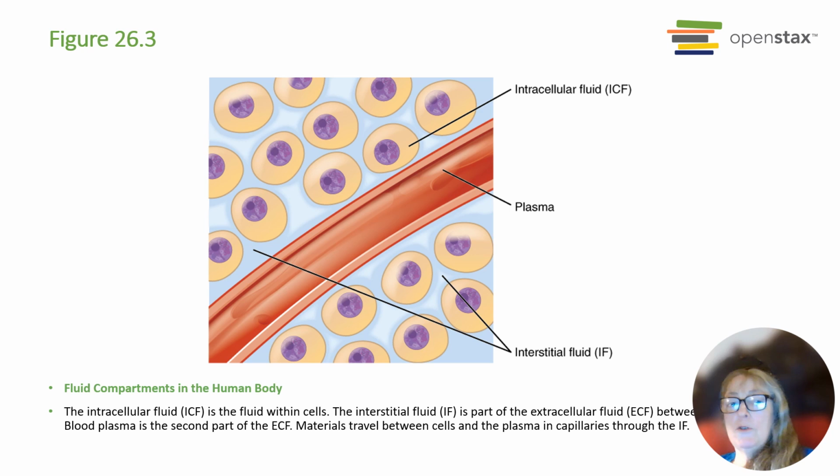But between those you have fluid. Some cells, like epithelium, are cell to cell, but most tissues have stuff in between them. And this is an interstitium filled with interstitial fluid. So water flows from the plasma to the interstitial fluid to the cell, back out, and stays in balance, hopefully.